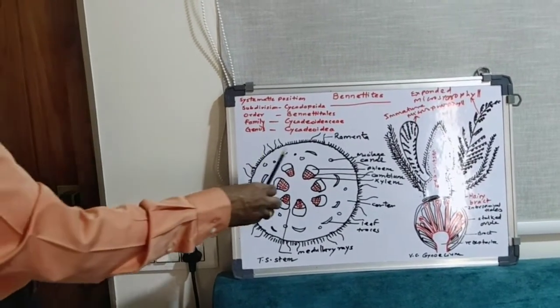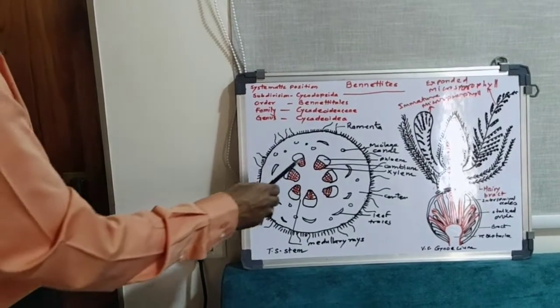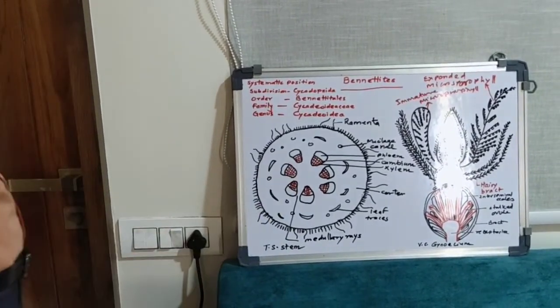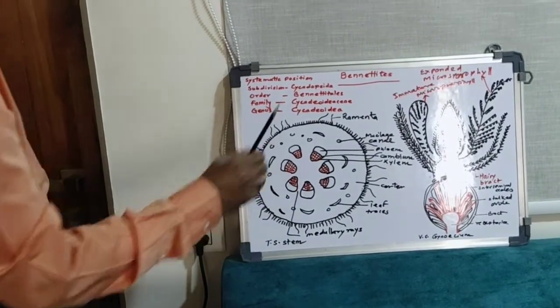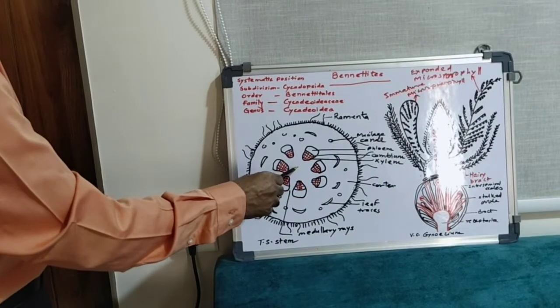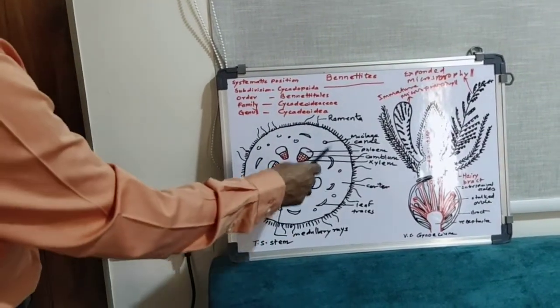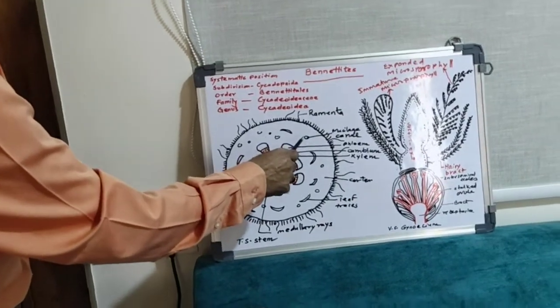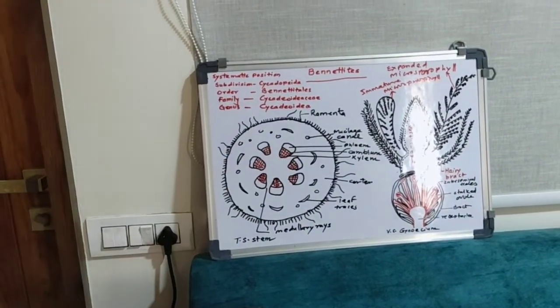Each vascular bundle has the phloem on the upper side. In the middle portion there is cambium, and toward the lower portion there is xylem. Then in the central portion there is pith. In the cortex we can observe the leaf traces and mucilage canals.